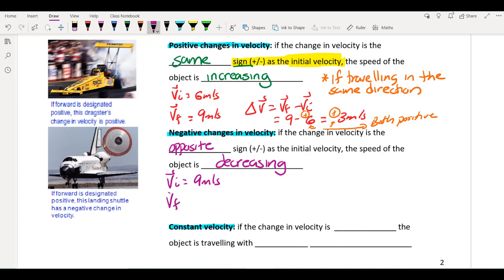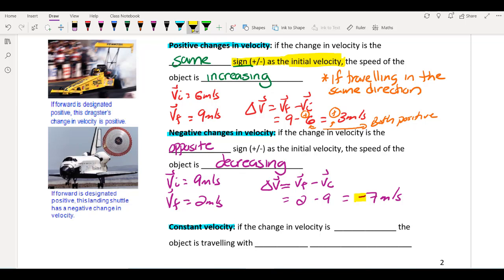We'll say the final velocity is 2 meters per second. If you want to calculate the change in velocity, it would equal the final minus the initial, right? So the final was 2, the initial was 9, the change becomes negative 7 meters per second, right? So we have a negative change in velocity.